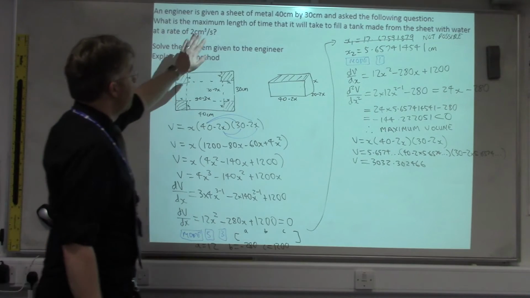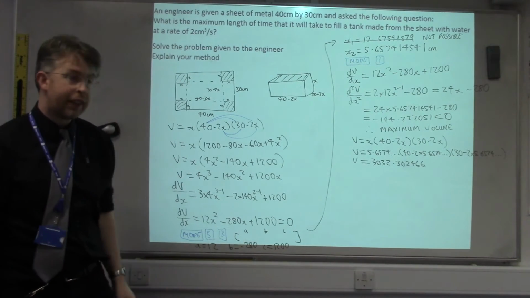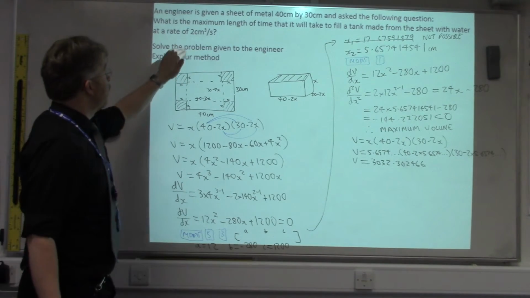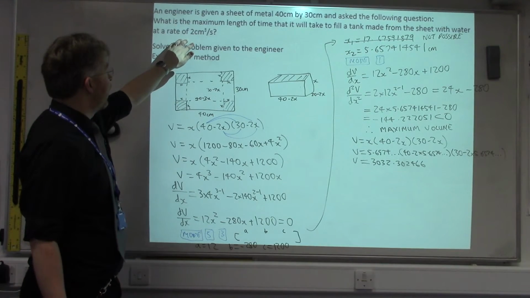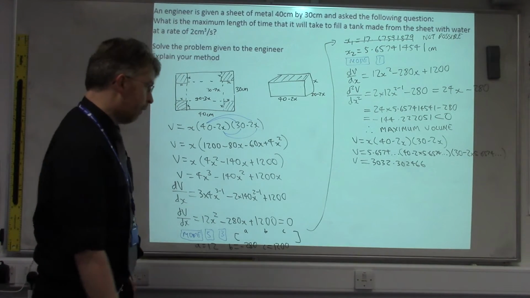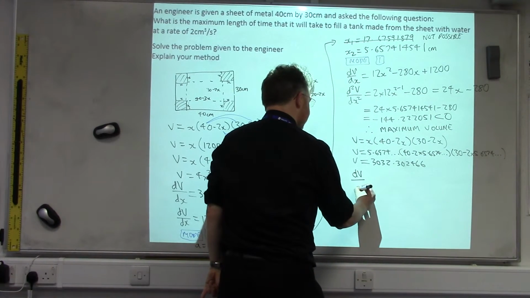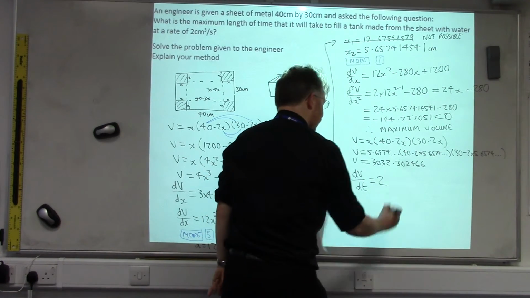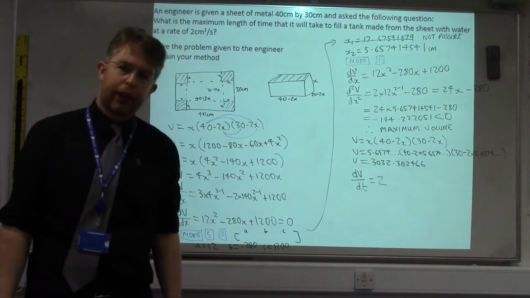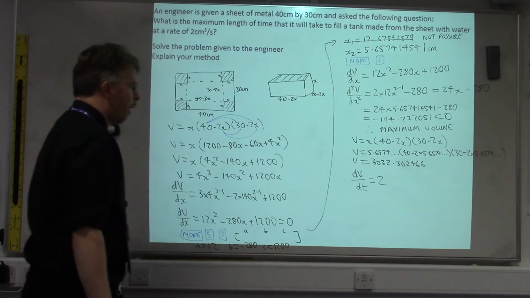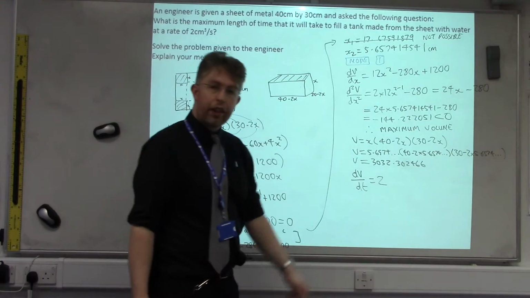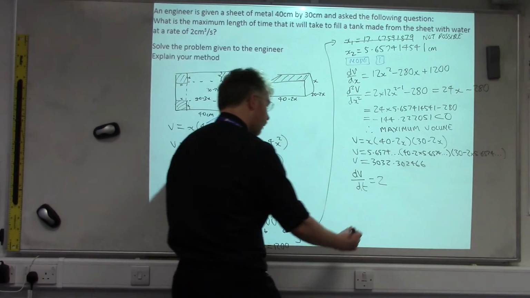We still haven't found the maximum length of time it will take to fill the tank. Now we're told that the rate it's going in is 2 centimetres cubed per second. So that means that dV by dT is equal to 2. We then need to integrate to get the volume in terms of time.